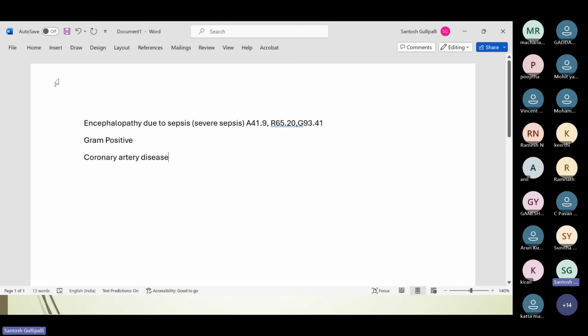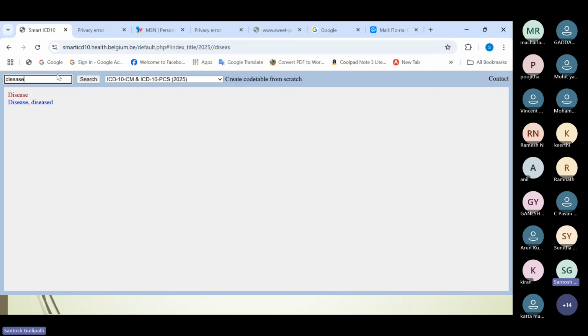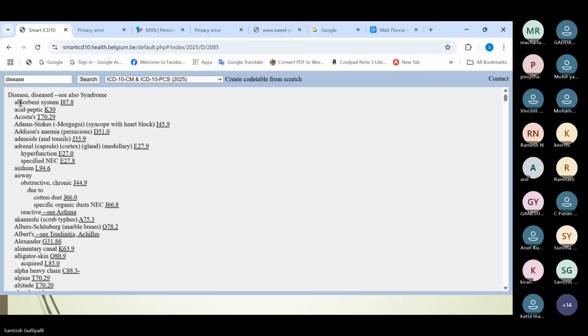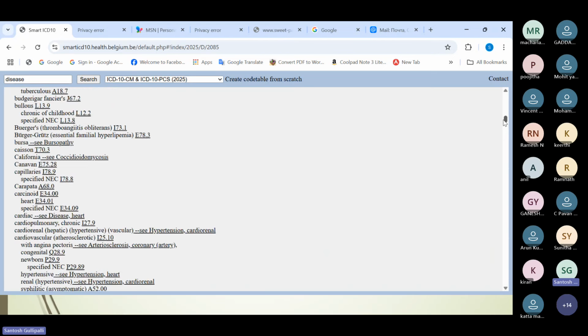How do you look up this diagnosis? Disease is the main term. So go to disease, then coronary artery, for example, disease, coronary artery. Go to coronary, C series.